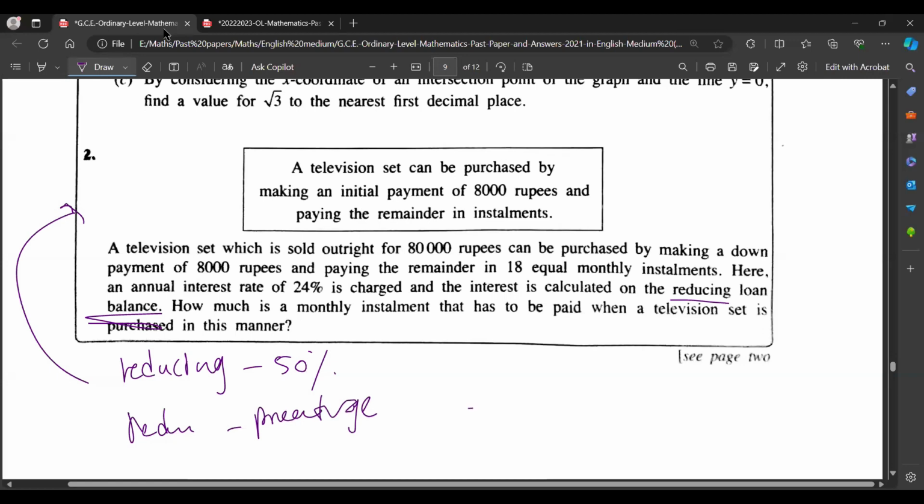They will ask something related to interest, annual interest, or quarter interest, house value, something like that. They never asked that one, but I think they might ask something like that also.